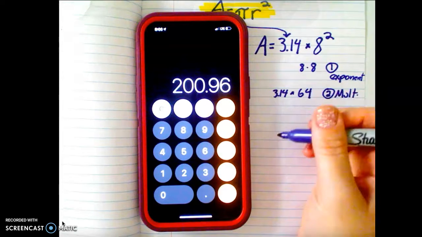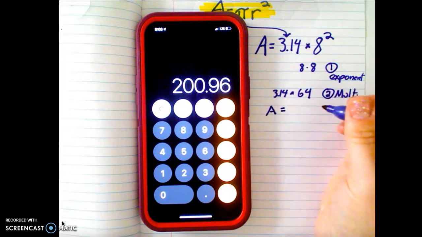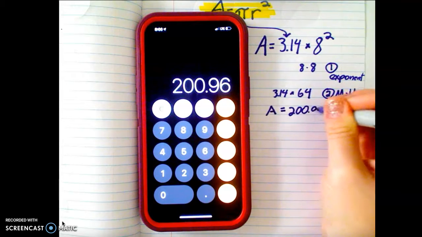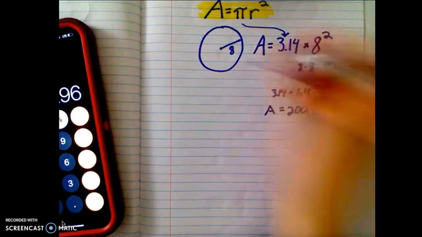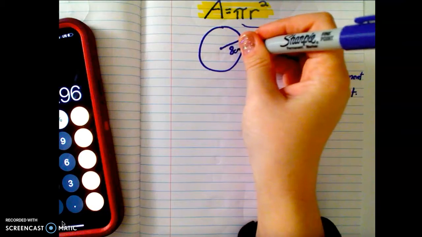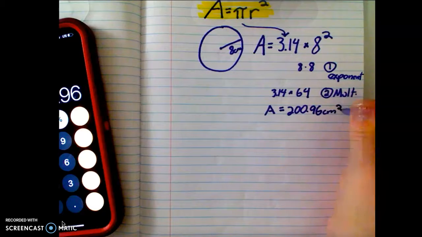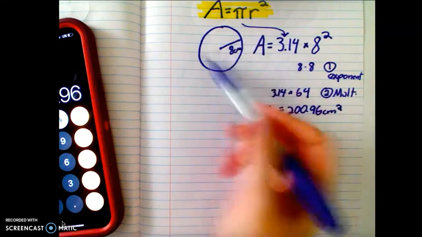So the area of this circle equals 200.96, let's call it centimeters squared, because these are square centimeters within our circle.